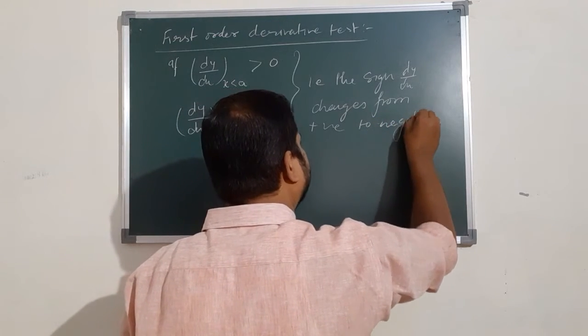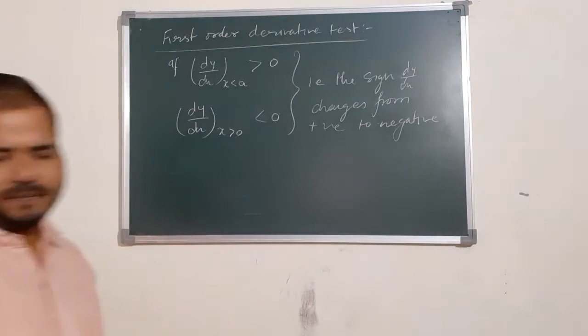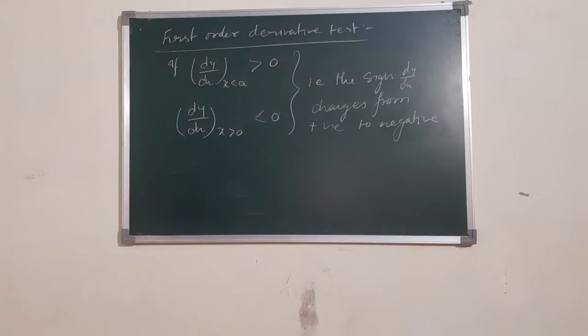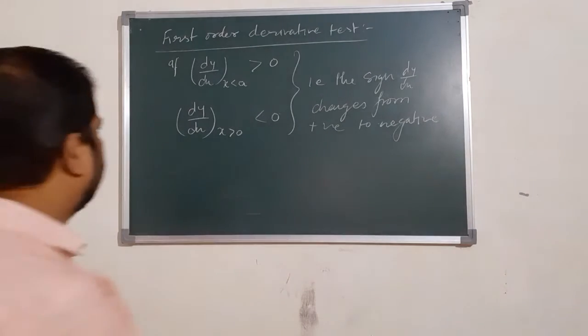So then x equals a is the point of local maxima.